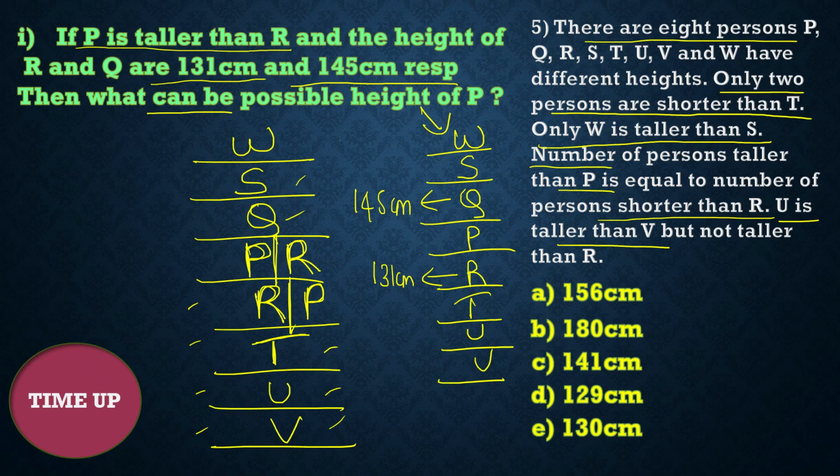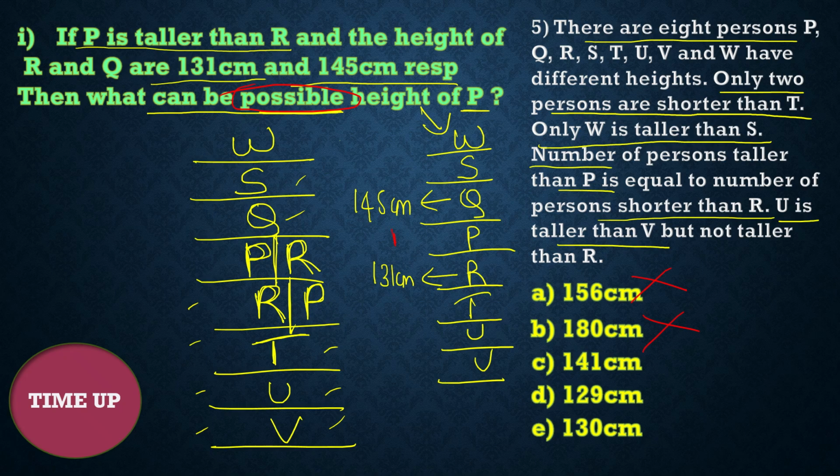What can be the possible height of P? Possible height is asked. So what will come in between 145 centimeter and 131 centimeter? That will be the possible height of P. Will 156 come in between this? No. 180?